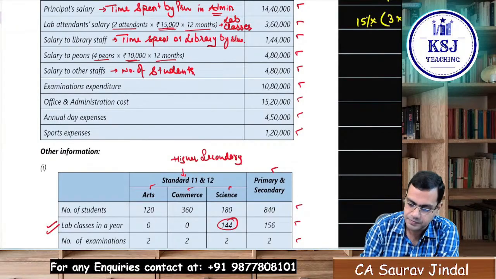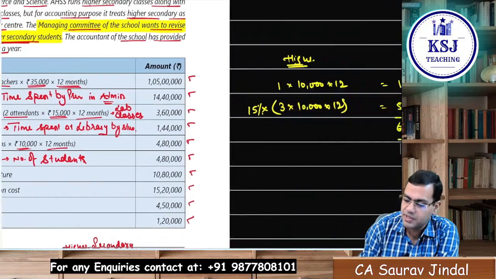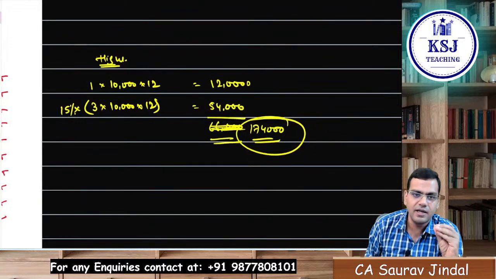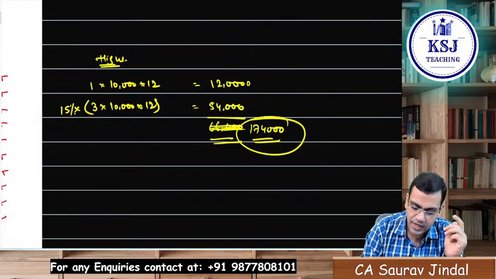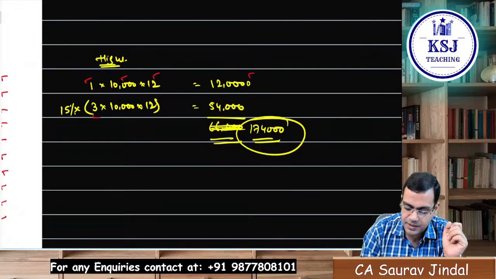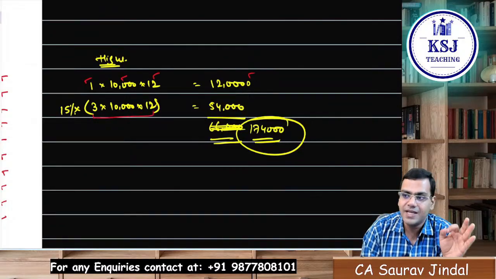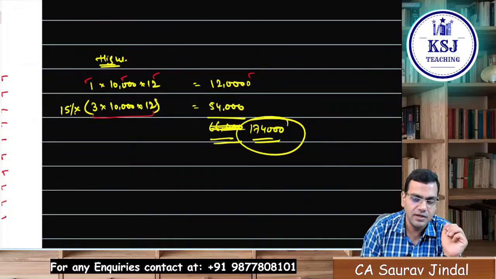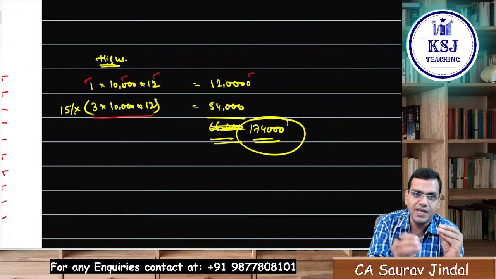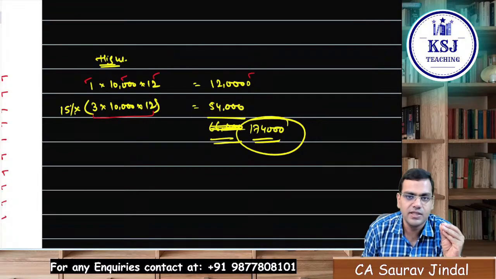Okay, Pritam. Regarding the peon, he says there is one peon who is dedicated 100% of the time to the higher secondary section. So one peon, 10,000 rupees multiplied by 12. 10,000 is per month. So 1,20,000. Right? The other 3 peons are dedicated only 15% of the time to higher secondary. So whatever is the total salary, out of that only 15% is allocated to higher secondary.